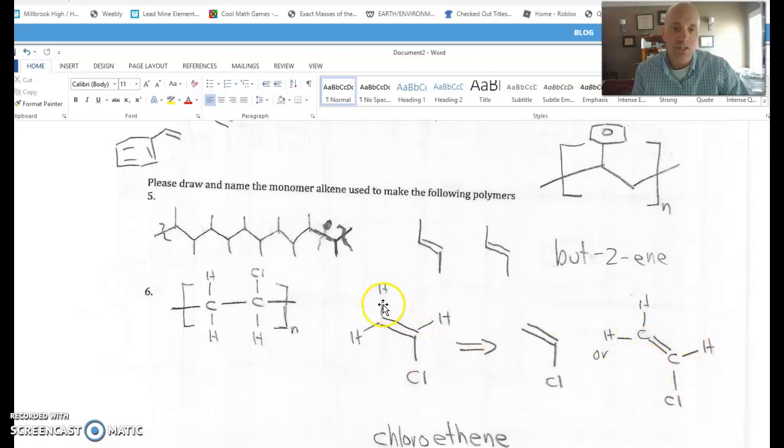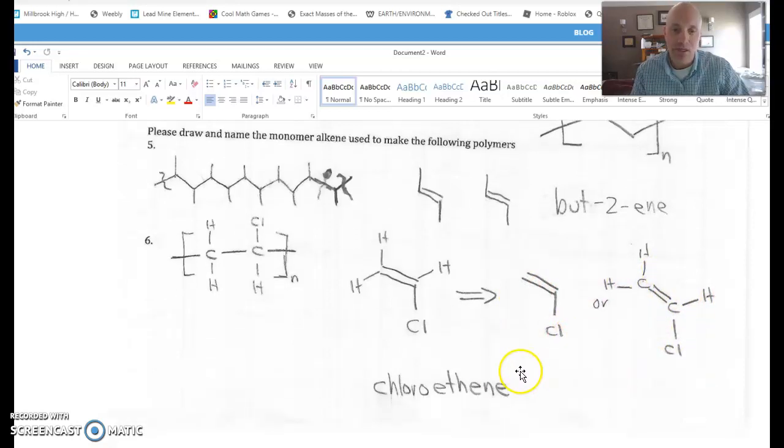Notice that when I drew it like this, I'm drawing it as kind of a hybrid, where I'm not drawing in the carbons, but I am drawing in the hydrogens. And even though I would accept this, in terms of how it seems that the IB expects structures to be drawn, they would expect either one type, either line angle like this, or with the carbons and the hydrogens drawn in. And the name of that monomer is chloroethene.